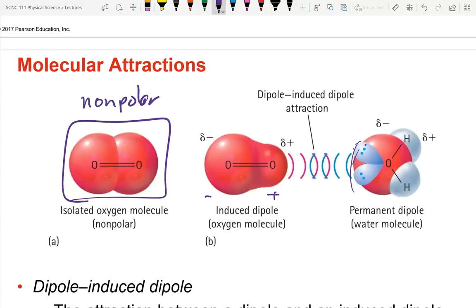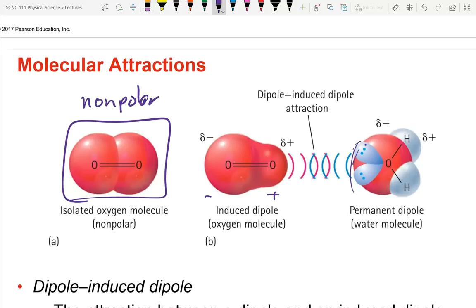So we're getting down to weaker because you had to bring something with the charge separation near something that wasn't, and you cause a change there. Now that's our next to weakest of the forces that hold molecules together.